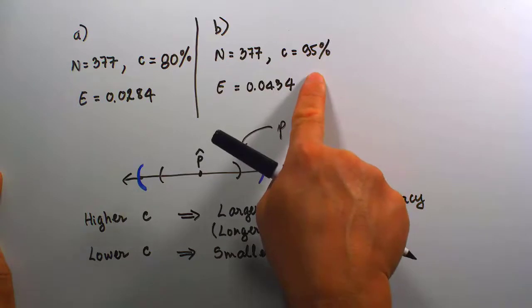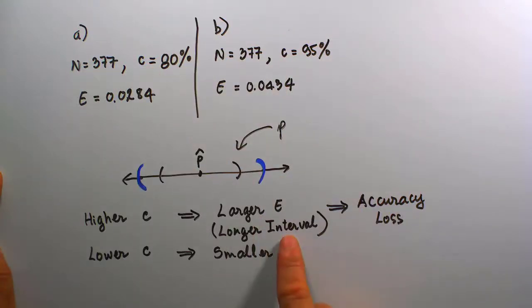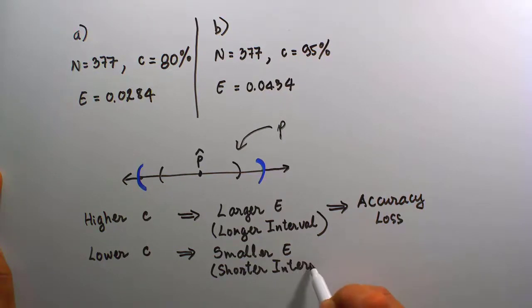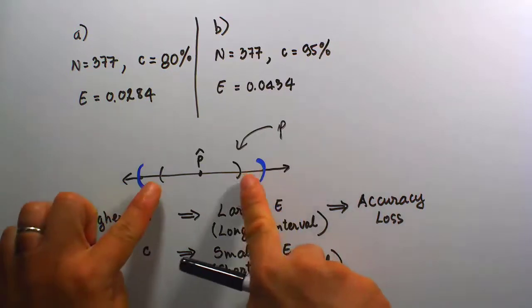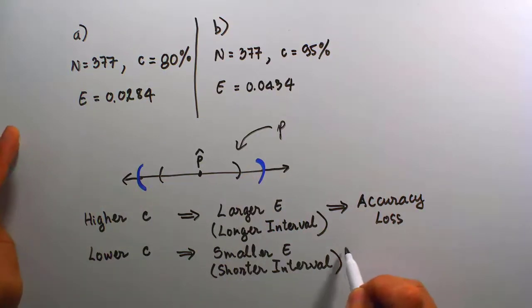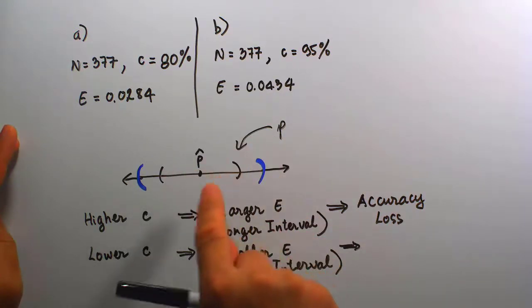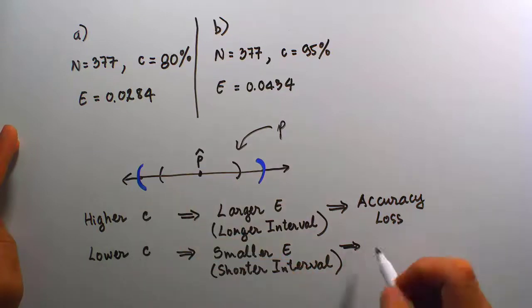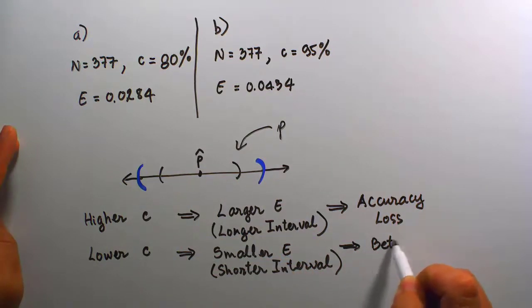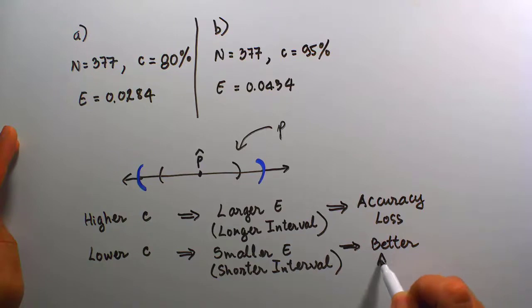So now if we go from 95 back down to something lower, then we're going to consequently end up with a smaller margin of error, which means we have a shorter interval. Yes, easy to agree that way. And so, of course, a smaller interval means once the proportion is known to be inside of that interval, then we have a better picture of where it is. So allow me to say we're going to achieve better accuracy here.